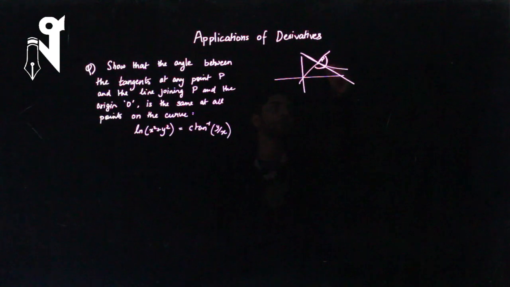So even if I move along the curve and I draw the tangent at a different point, join that point with the origin, draw the line, and then take the angle between tangent and the line joining P and origin O, that should be a constant. Okay, so let's see how we're going to approach this.